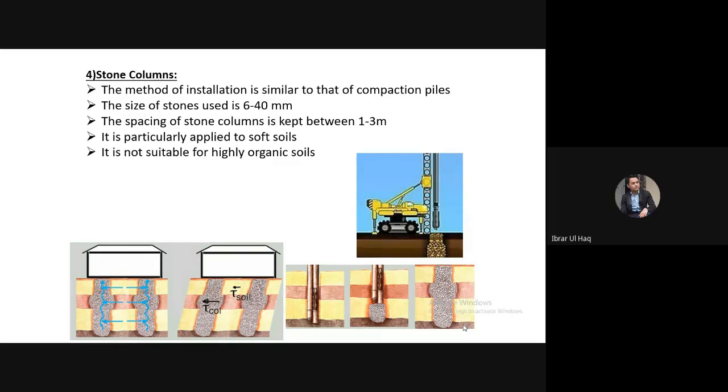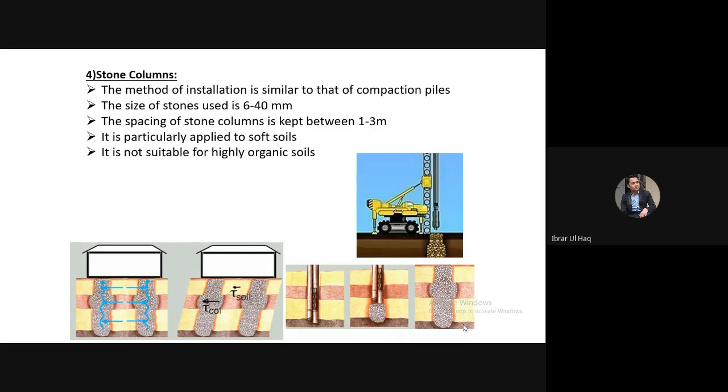So let's suppose we have an engineering project that we have to construct at a particular site, but unfortunately we have loose soil whose bearing capacity, shear strength and stiffness are low. Among different methods, one is to insert stone columns.